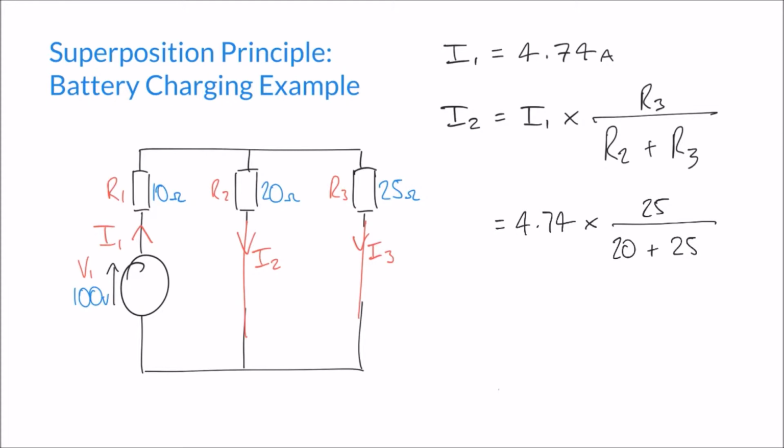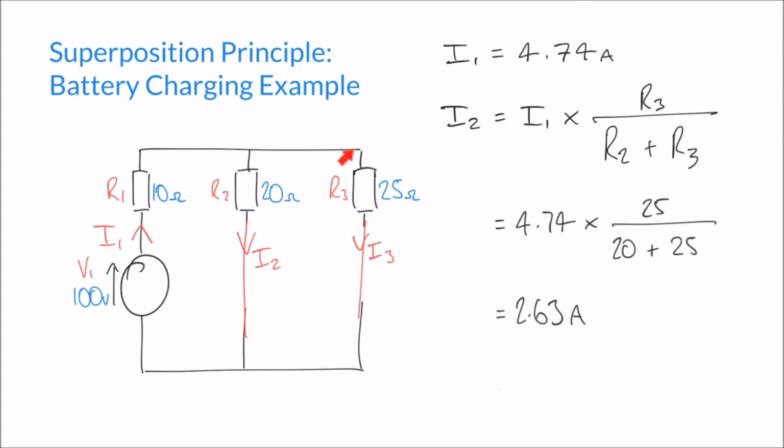And if I calculate that, I come out with a result of 2.63 amps. And that being said, now we know that of the 4.74 amp supply, 2.63 of those amps go down here through I2.